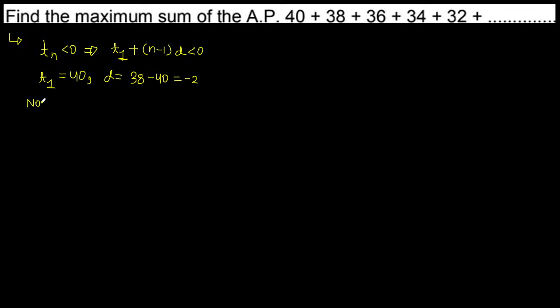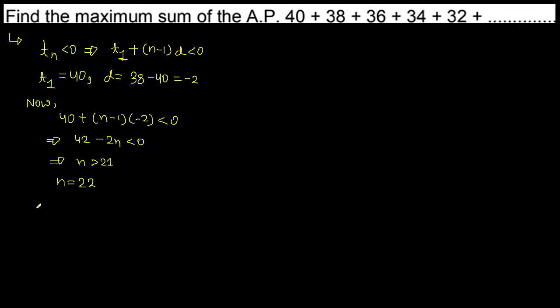So now 40 plus (n minus 1) into minus 2 is less than 0, implies 42 minus 2n is less than 0, implies n is bigger than 21. So n is 22.